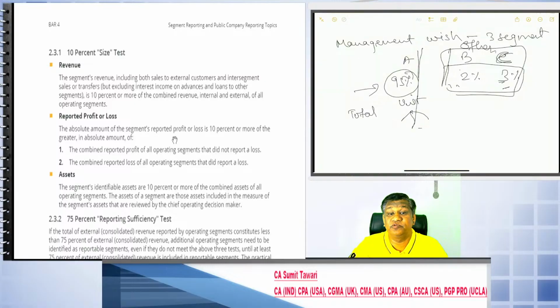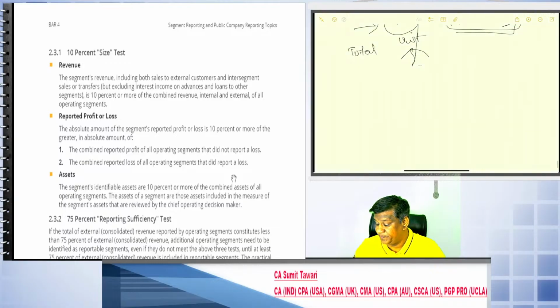The absolute amount of the segment's reported profit or loss is 10% or more of the greater of the combined reported profit of all operating segments that did not report a loss, and the combined reported loss of the operating segments that did report a loss. So see what happened. Let's consider A, B, C, D: 1000 profit, 200 loss, 1000 again, and 800 loss.